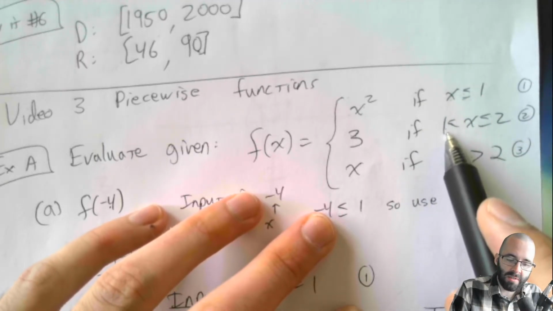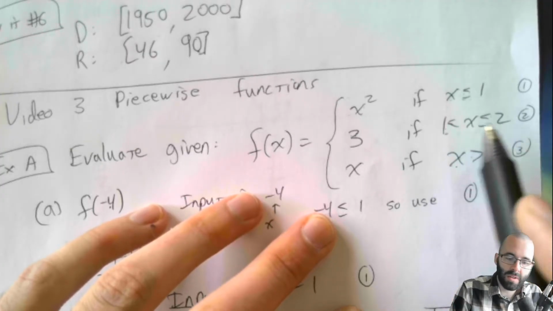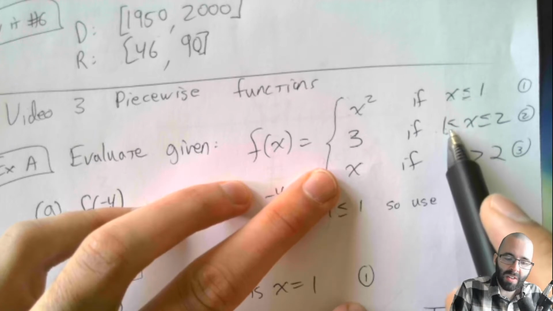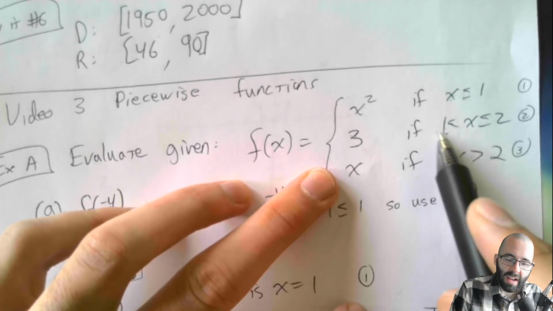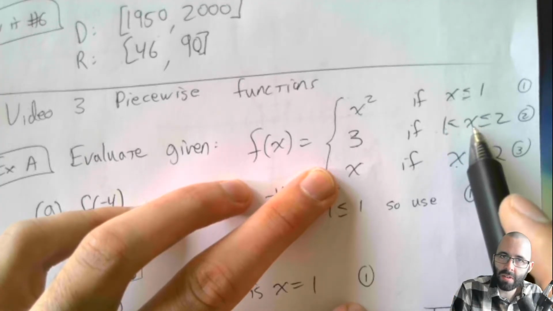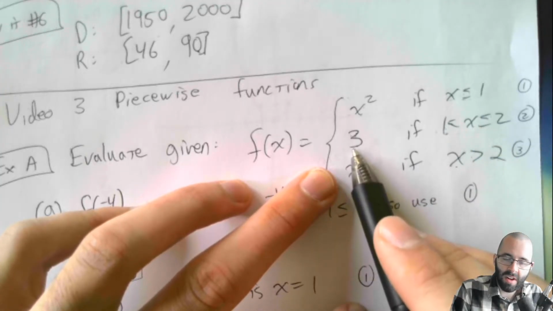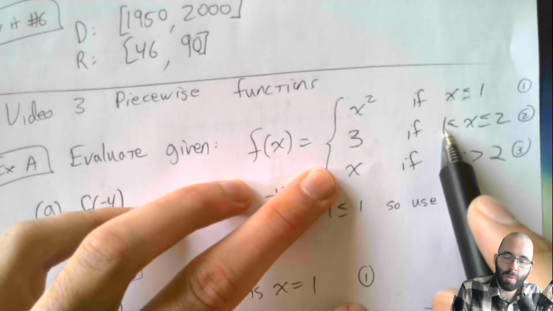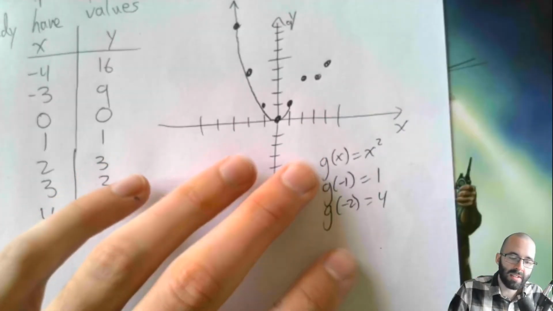Now we have a constant function when x is between 1 and 2. It's always going to be 3 if x is anything bigger than 1. As soon as you see this strictly less than sign, that means an open circle. 1 is not included in this constant function. So everything between 1 and 2, open circle at 1, closed circle at 2, is going to be that constant function.